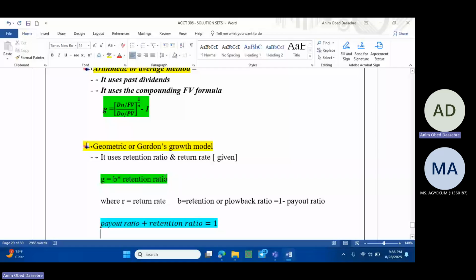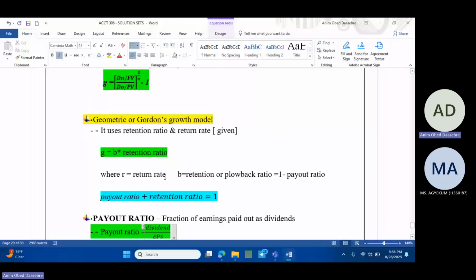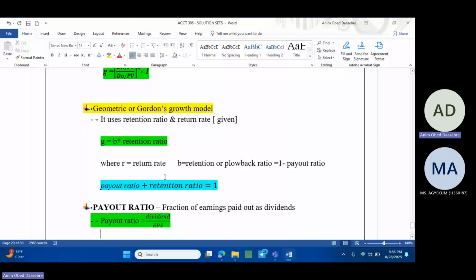And how do you find your retention ratio? You say that your payout ratio plus your retention ratio is always equal to 100% or 1.